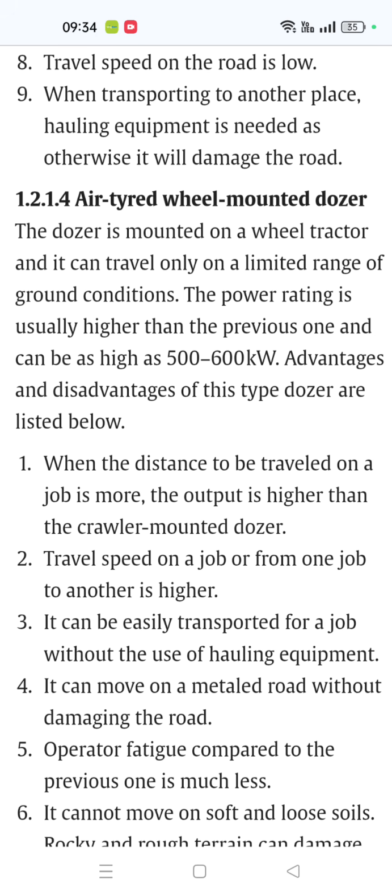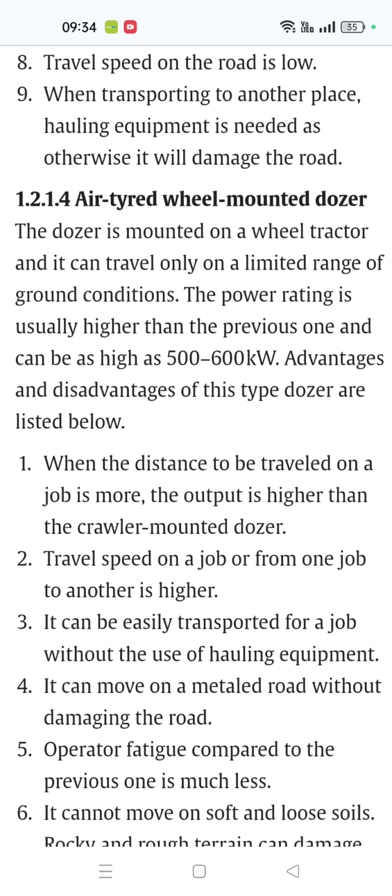1.2.1.4 Wheel type mount dozer. The dozer is mounted on a wheel structure and it can travel only on a limited range of ground condition.